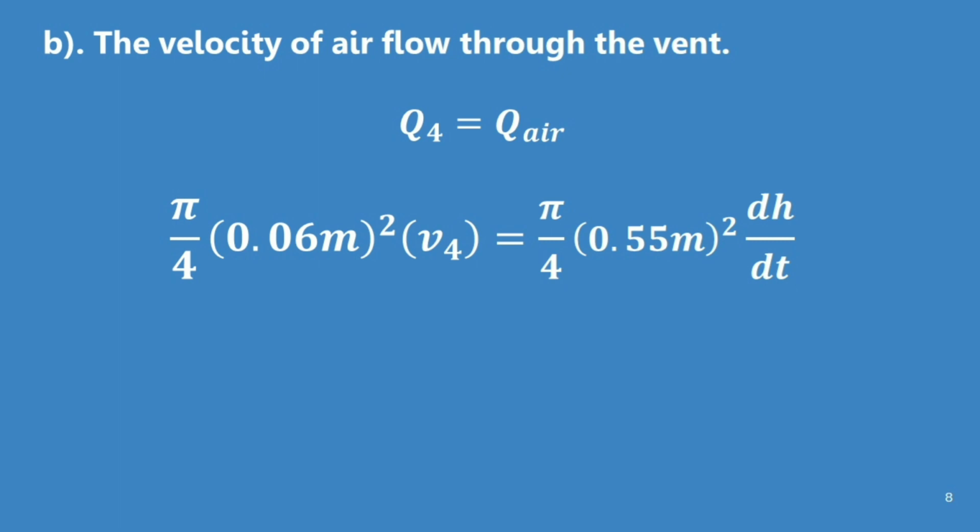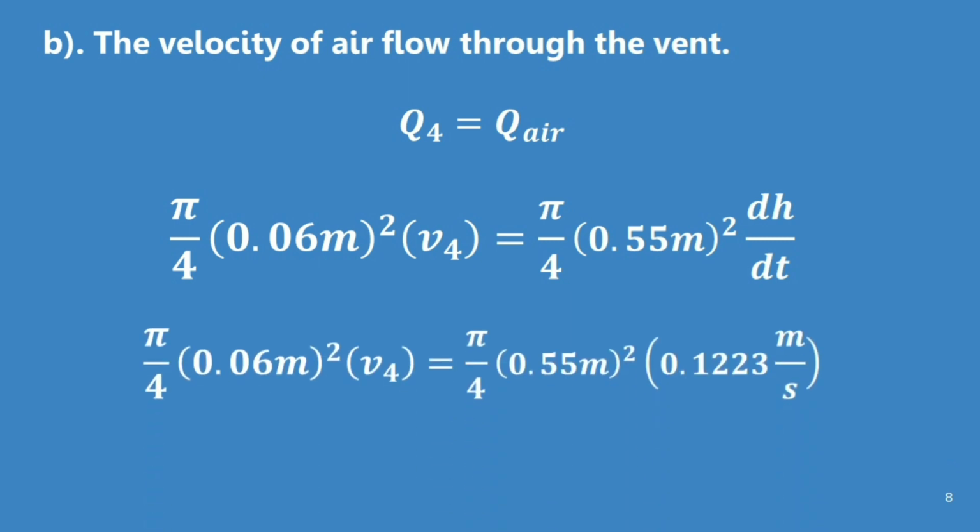In solving for the velocity of our fourth pipe, the unknown here is, of course, the velocity. Just plugging in all the needed values, especially the value we acquired from our dH over dt, we now get the velocity of the fourth pipe, that is 10.277 meters per second. The velocity of airflow through the vent.